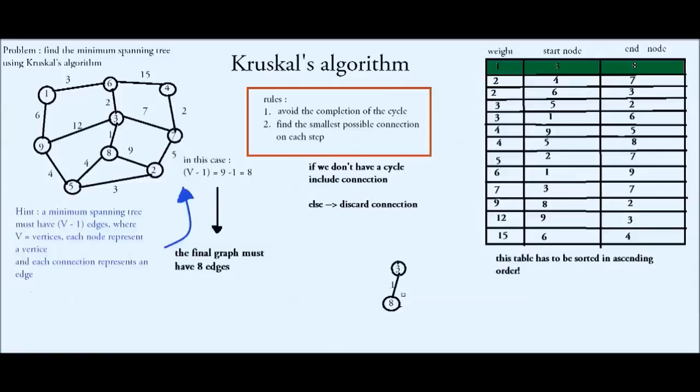The next one we've got, and I'll just color this green as well, is going to be weight of 2 from 4 to 7. Will this form a cycle? Well, it will not form a cycle, so we add it, and then again we're going to copy this part of our solution.